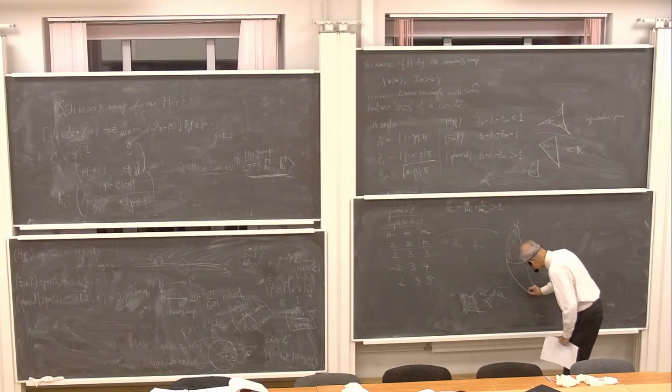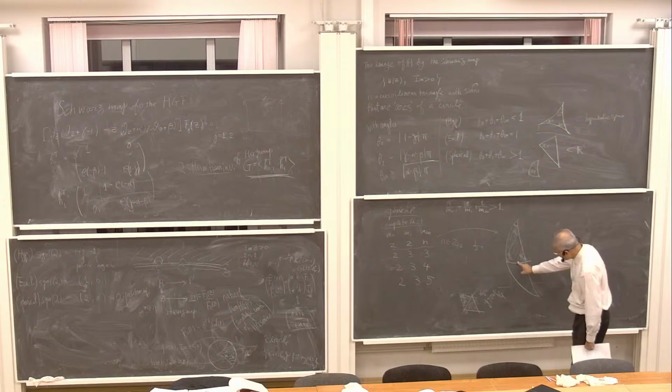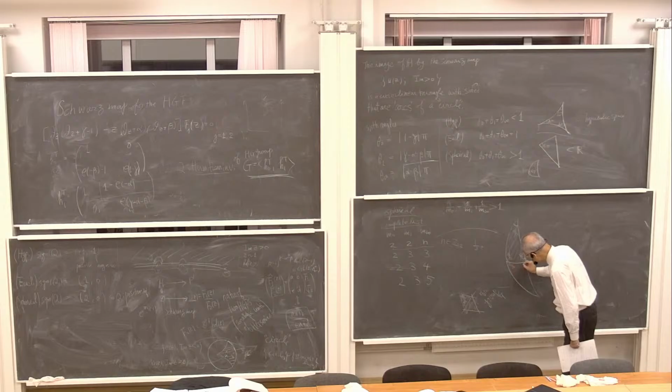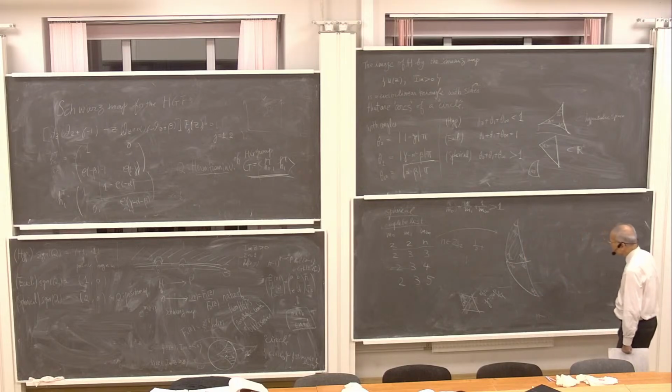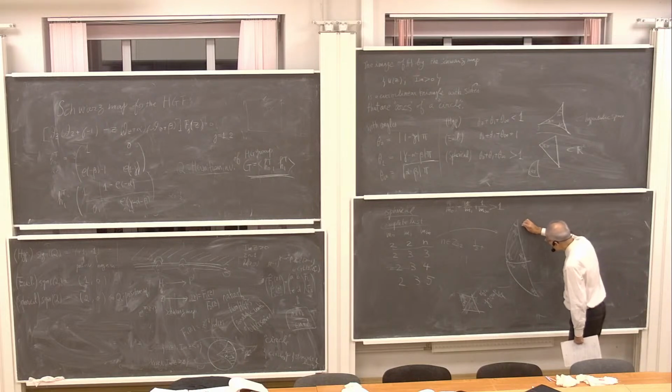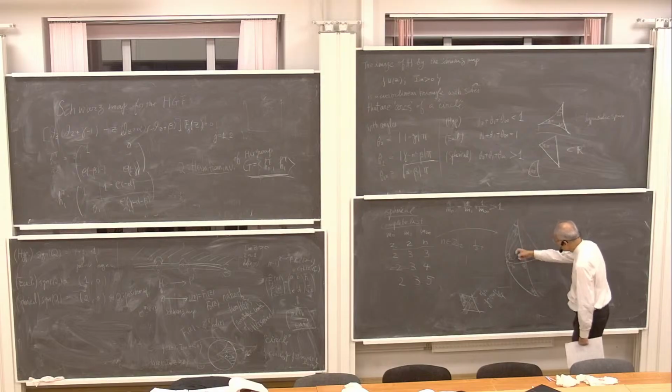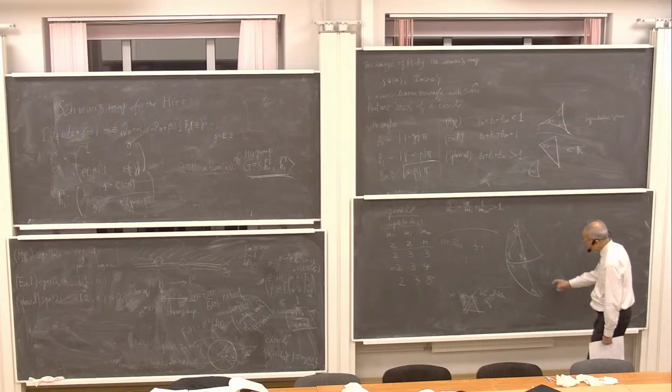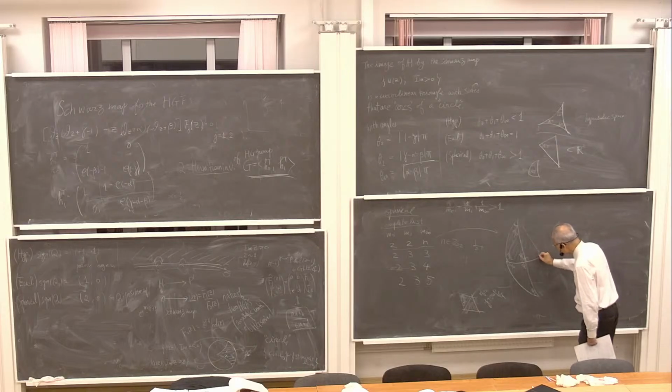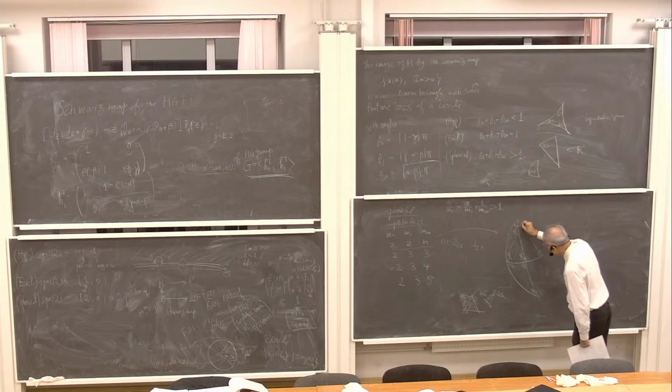So with respect to this side we can take complex conjugate. And the monodromy will send this triangle to the adjacent triangle with the same shape.